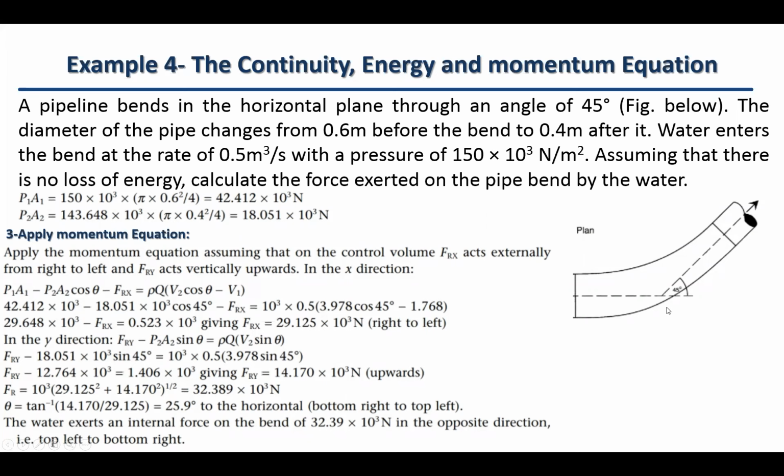So in this direction, right to left. And FRY, upward, is calculated here, in this direction as well. FRY is equal to 14.17 thousand newtons.